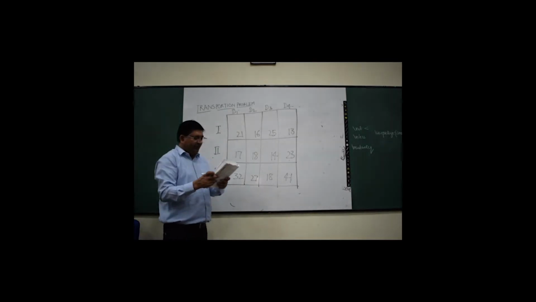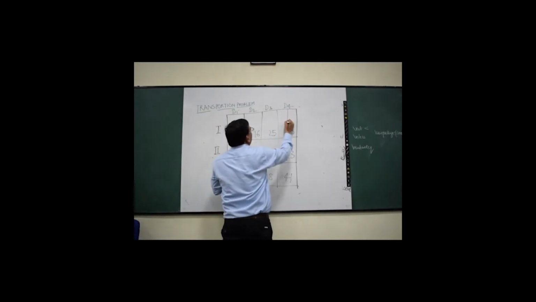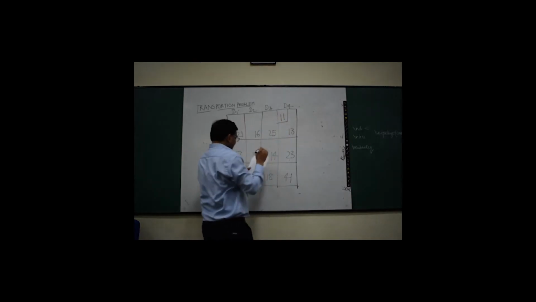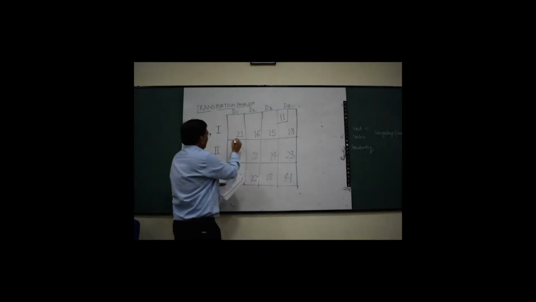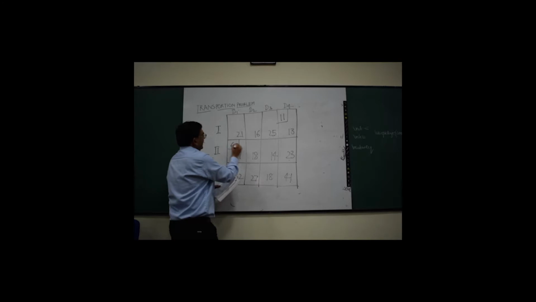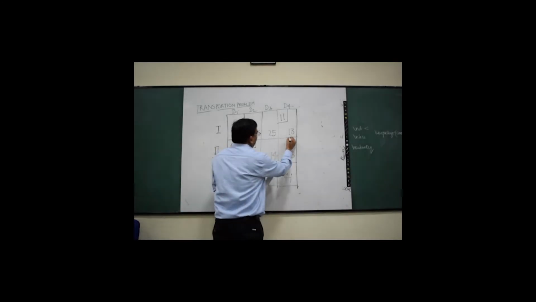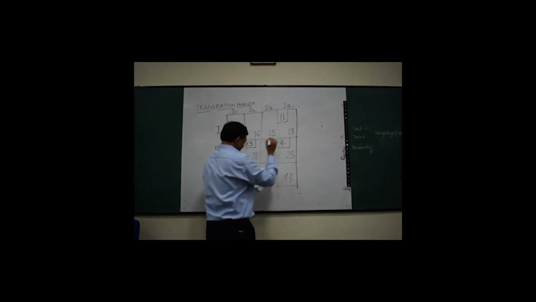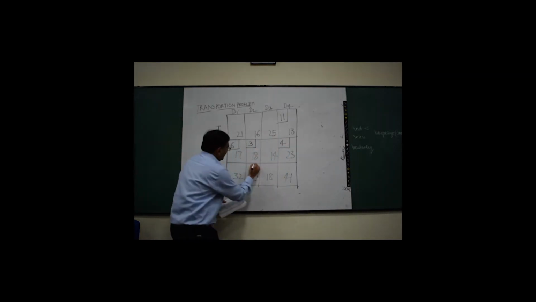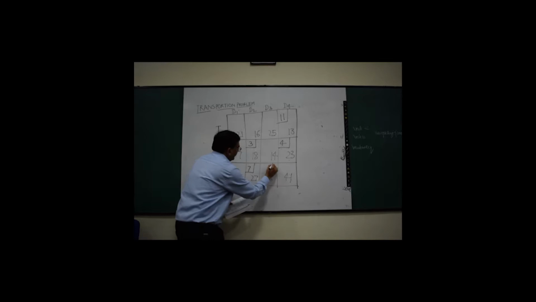And my allocation by Vogel's approximation method is 11, 6, 3, 4, 7, and 12.